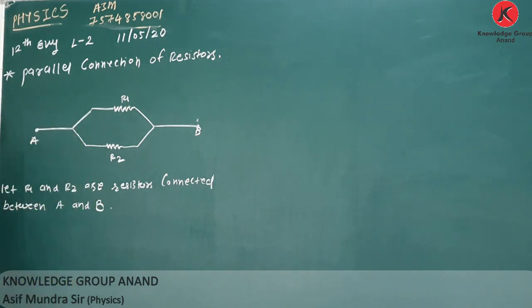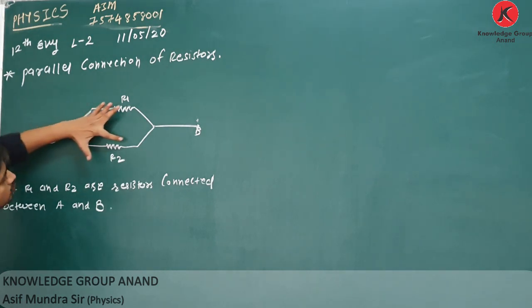Now see, I am assuming, let the current flowing from this point A be I. Current flowing from this point A is I, which means charge is flowing. From this point, the charge gets distributed, divided into branches.